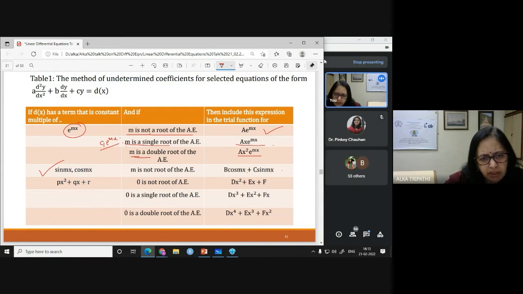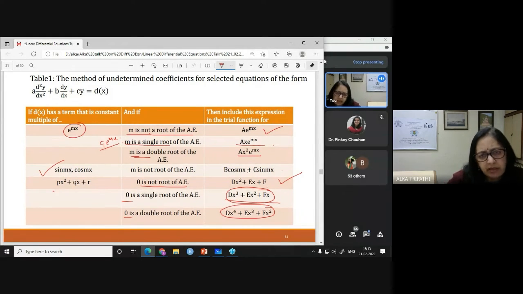For polynomial, if 0 is not a root of the auxiliary equation, directly you can consider ax square plus bx plus c as trial function. If 0 is a single root, in that case you take this as trial function multiplied by x. If 0 is a double root, then again multiply by x.